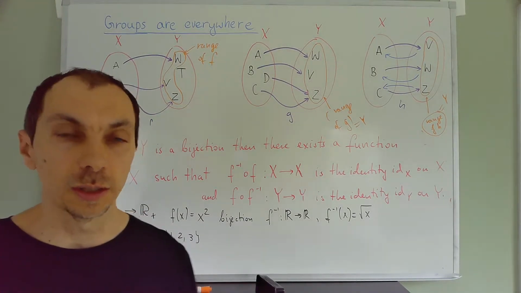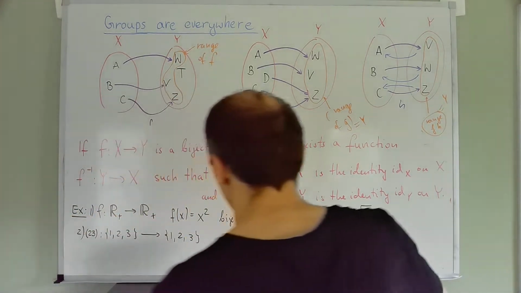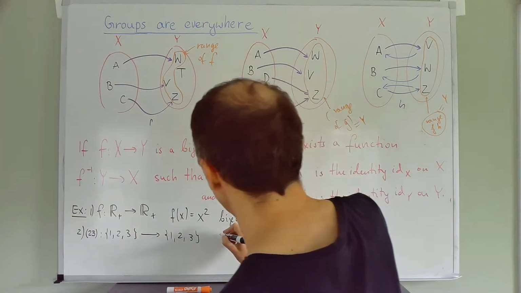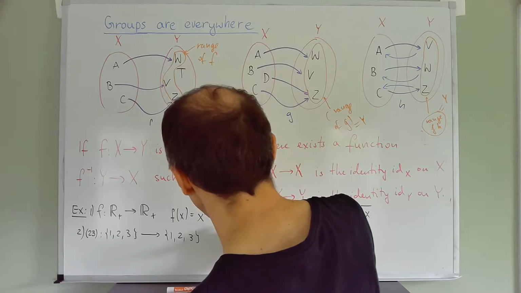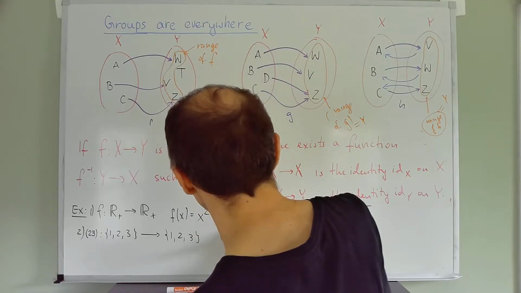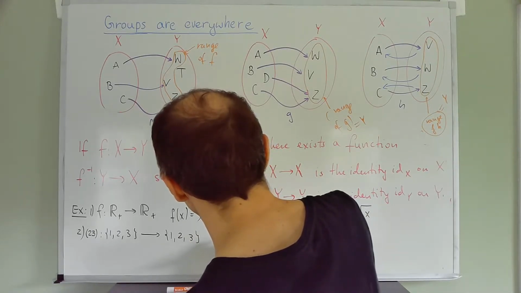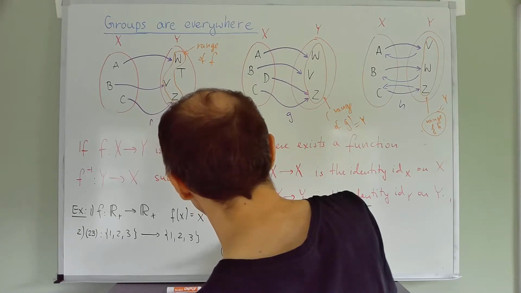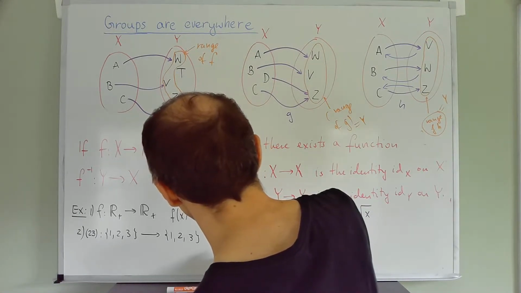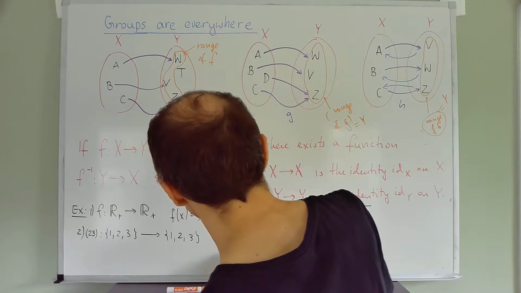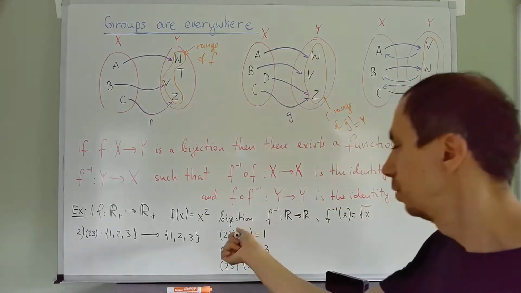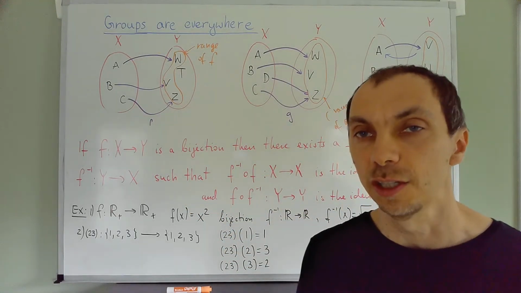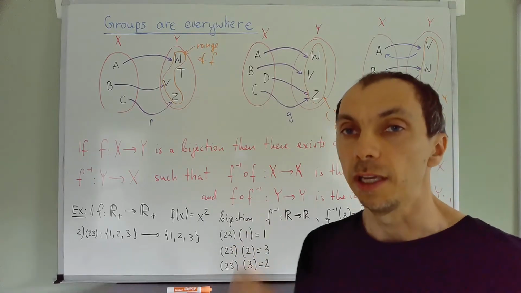We're going to talk a lot about this kind of notation. And I'm defining this function the following way. So the function (2 3), when I evaluate it at 1, gives me 1. Evaluated at 2, it gives me 3. And evaluated at 3, it gives me 2. So the notation (2 3) just essentially means you switch 2 and 3.